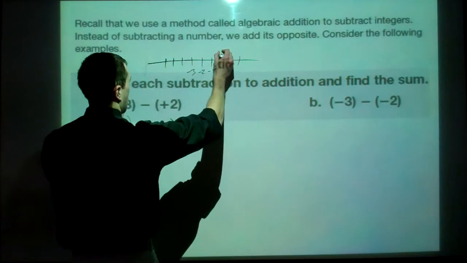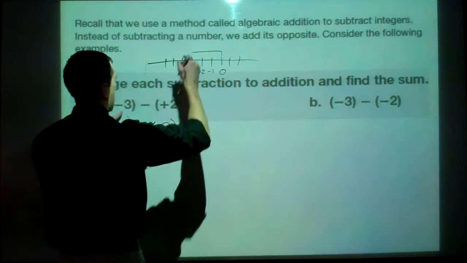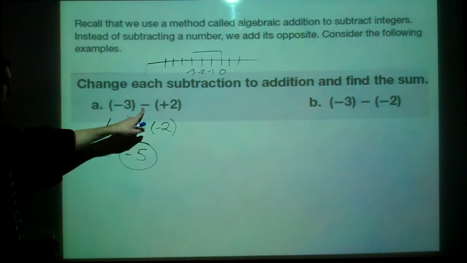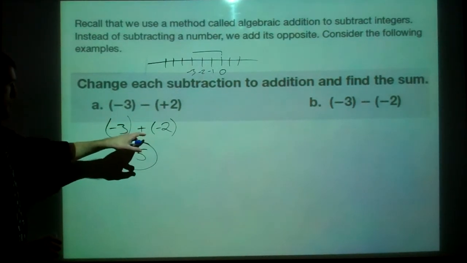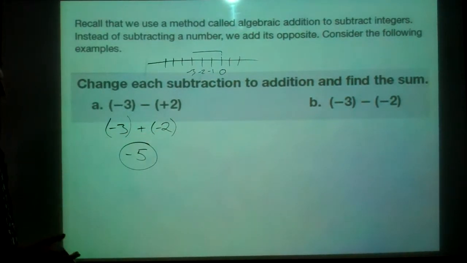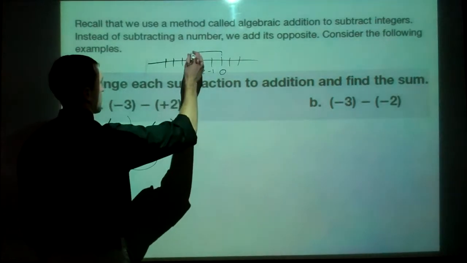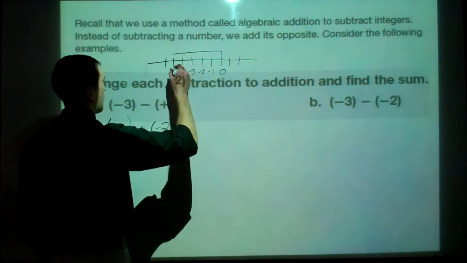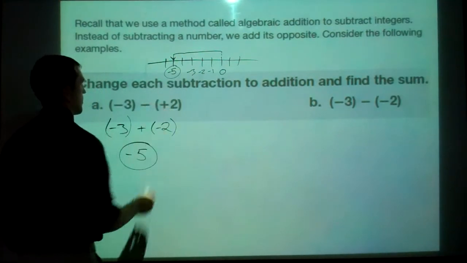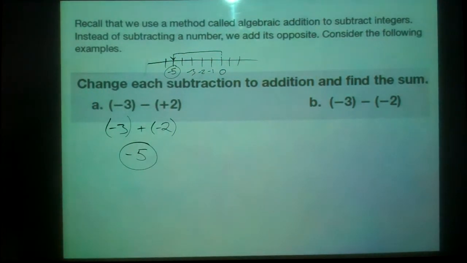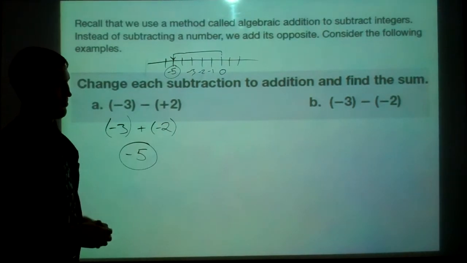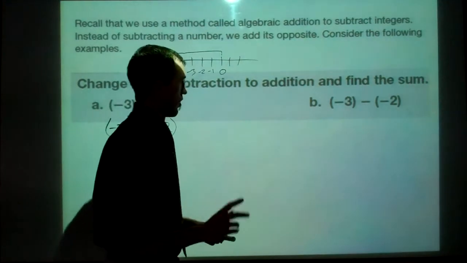So we're going to stop at -3, and then from there, it says we're going to go minus a +2 or plus a -2. Either way, we're going more negative. So we're going to go back 2 more. 1, 2, and we are at -5. Our answer.